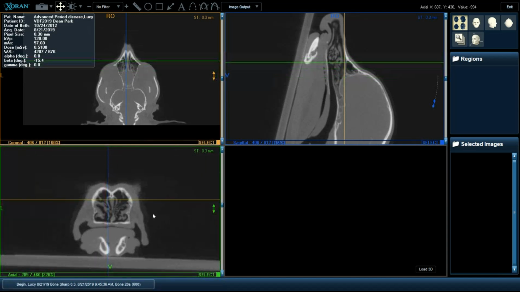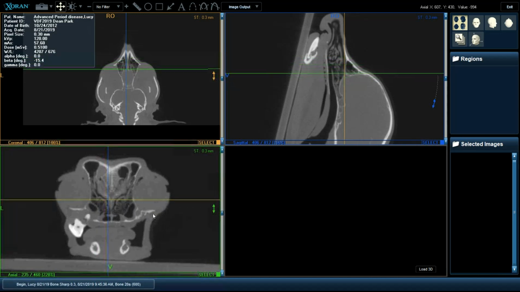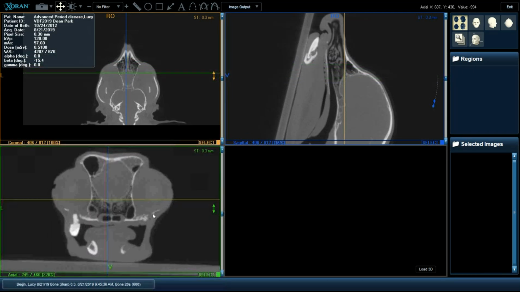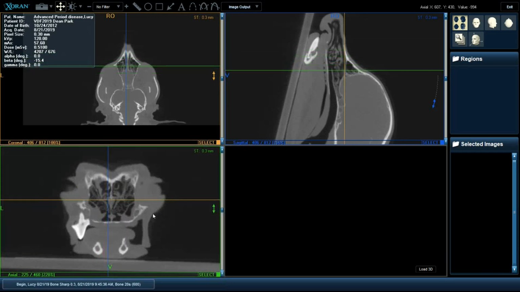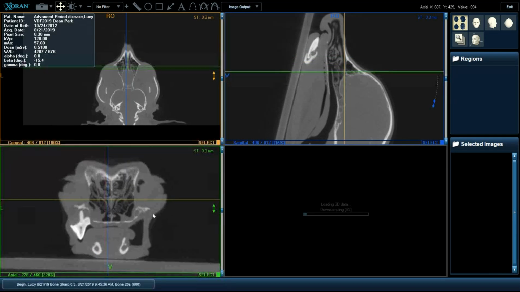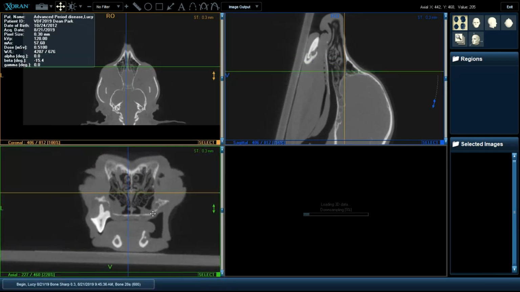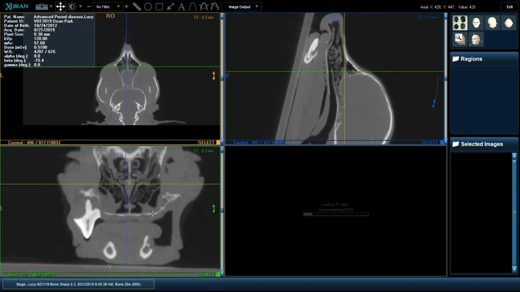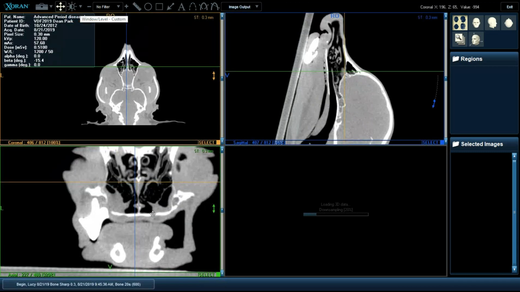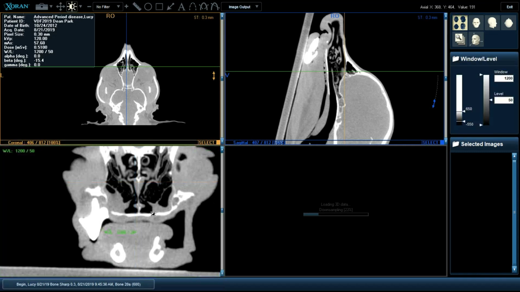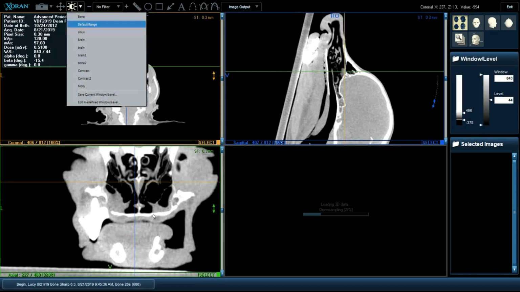So again, I like to travel from the front to the back. Very severe case. I think it's very telling here as we're making our way back. I'll turn the 3D on as well. There's some significant bone loss. Of course, there are already past extractions and so on. But here we can see very significant loss.